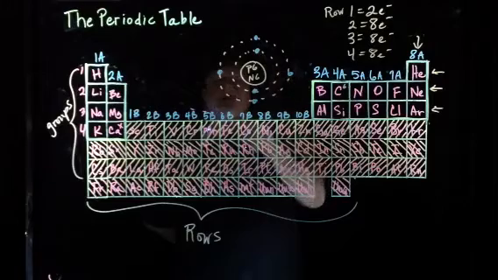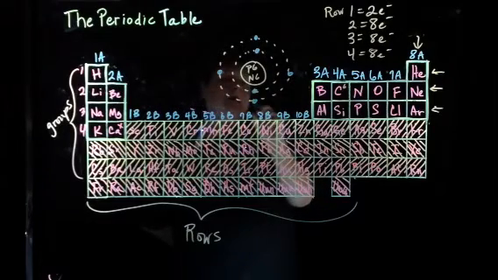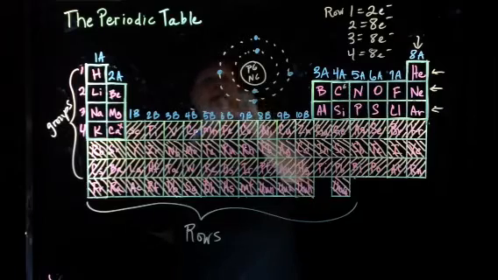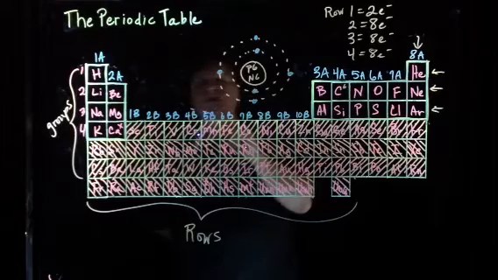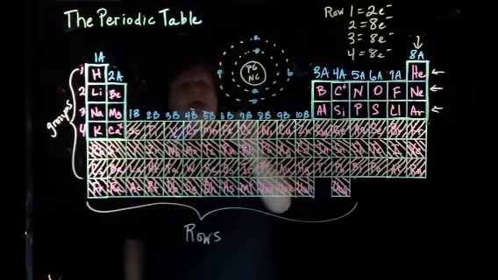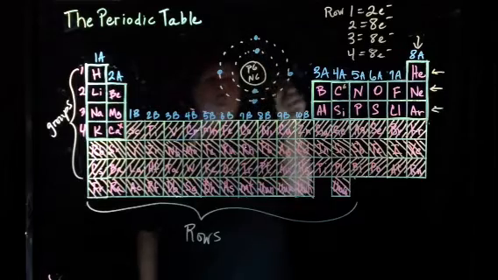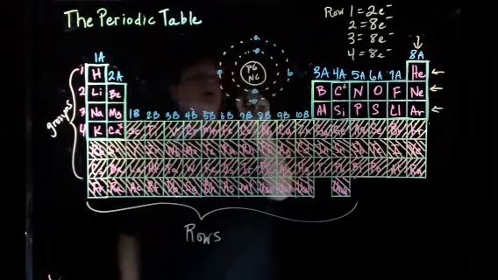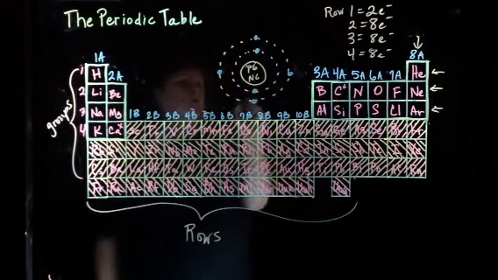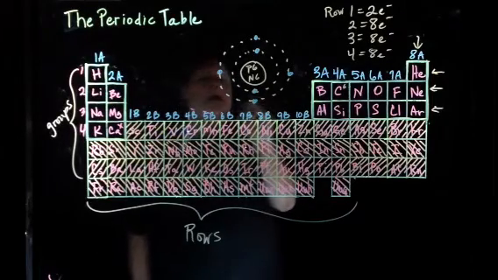What this tells me is that if my carbon is wanting to fill its outer orbital, it can form 4 bonds by pairing electrons with some other atom. Remember, electrons like to be paired, and so in order to fill this orbital, carbon has to find 4 more electrons. We'll see how that happens when I discuss bonding in another video.